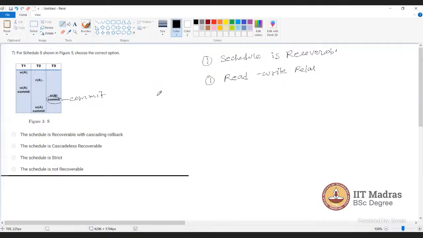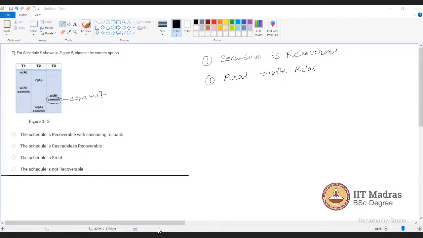Because T1 is getting committed before T2, right? And T2 is working on the wrong data set. Sir, if the failure occurs after W(A) before the commit, then it will roll back T2 also.